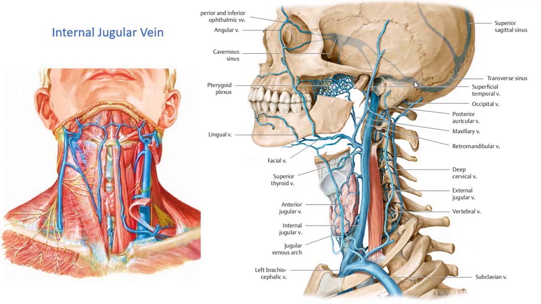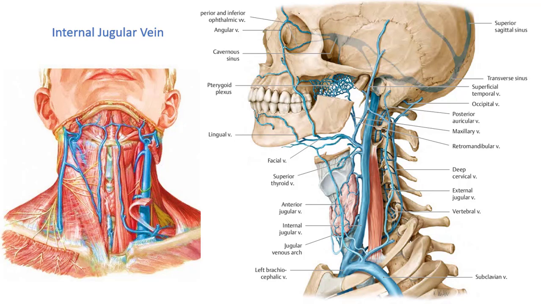It starts as a continuation of the sigmoid sinus and leaves the skull through the jugular foramen. It then descends through the neck in the carotid sheath lateral to the vagus nerve and internal and common carotid arteries. It ends by joining the subclavian vein behind the medial end of the clavicle to form the brachiocephalic vein.